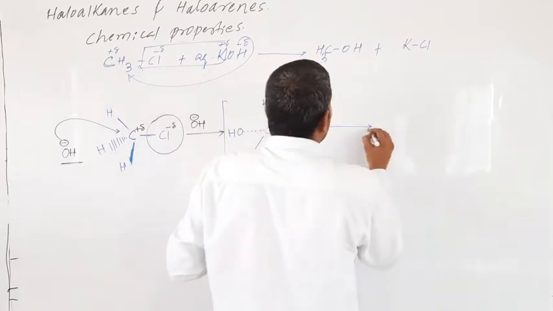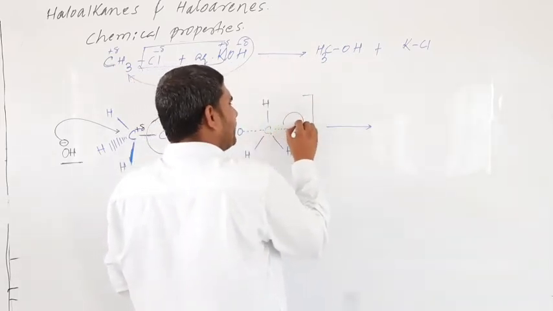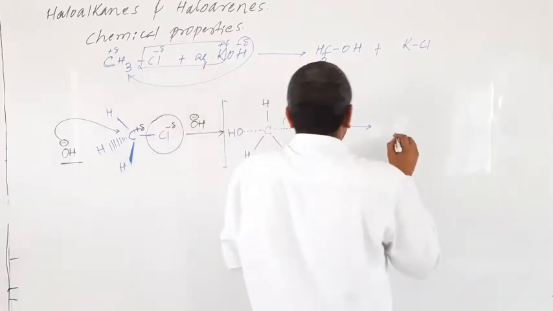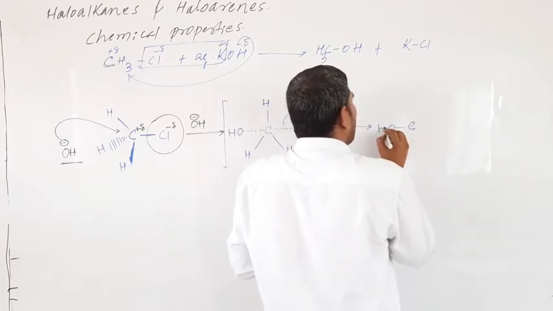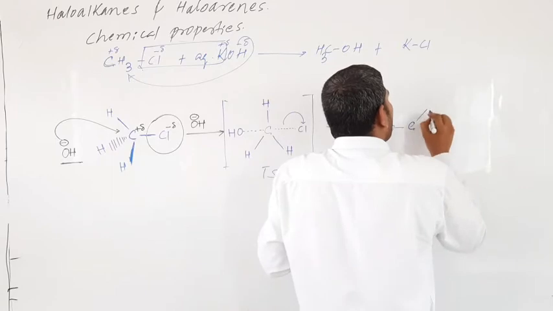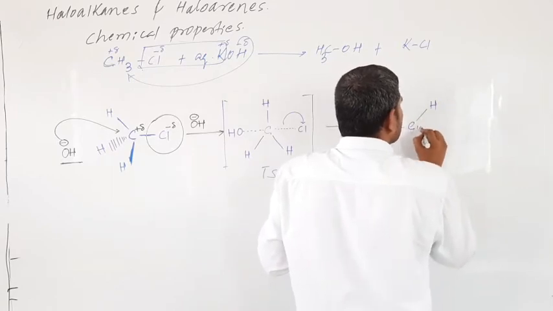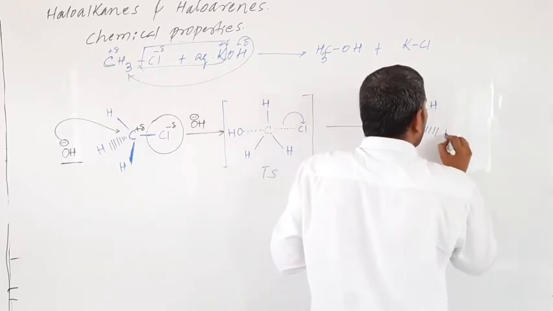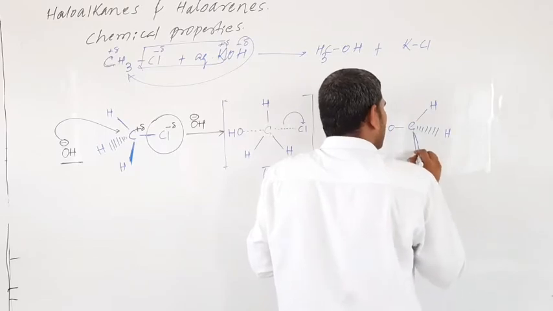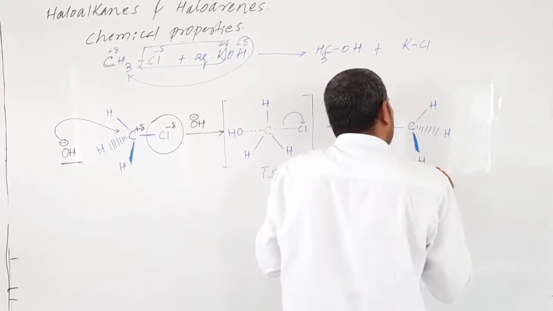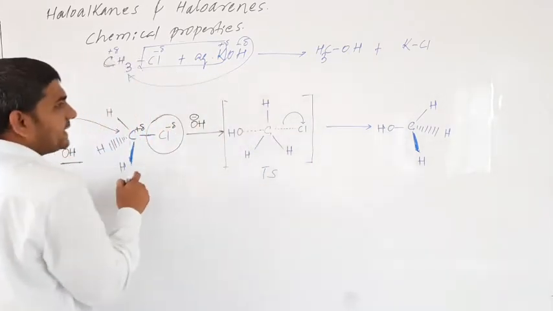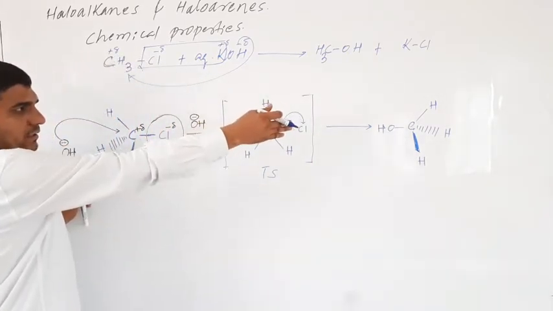In the end, there is a complete cleavage of carbon to halogen, and you will get exactly opposite configuration to that of what? Reactant. If you observe the reactant and product, alcohol is the product.